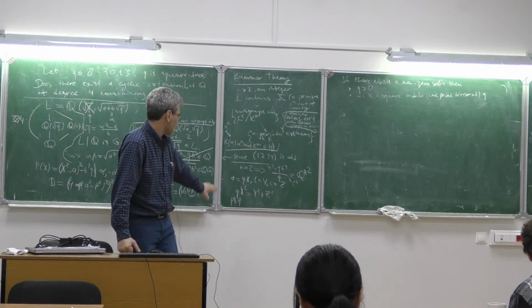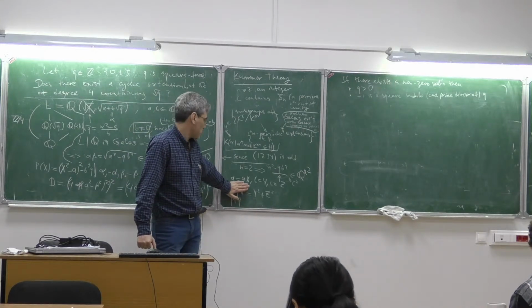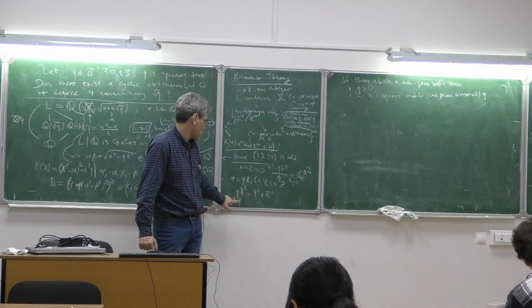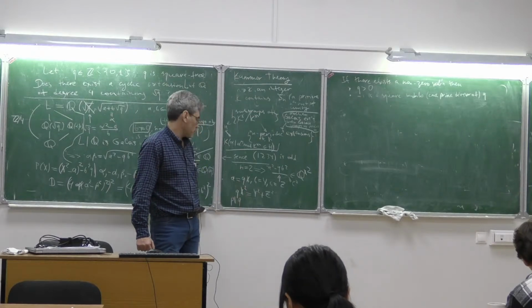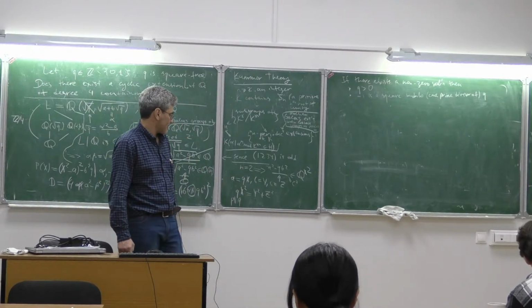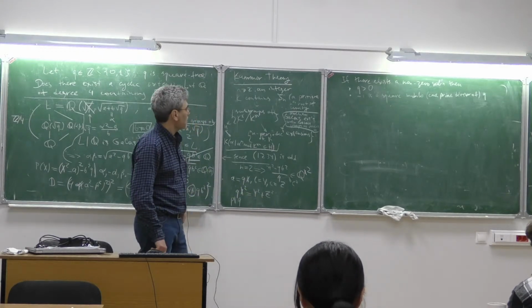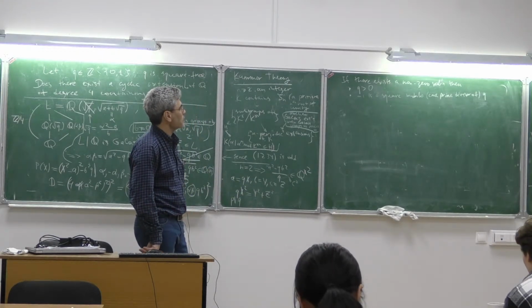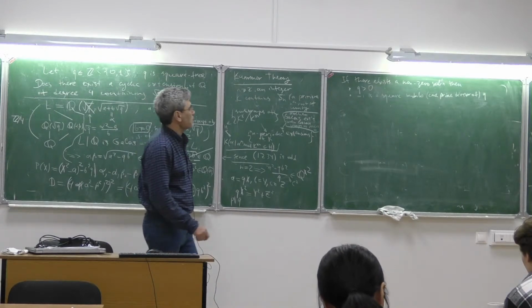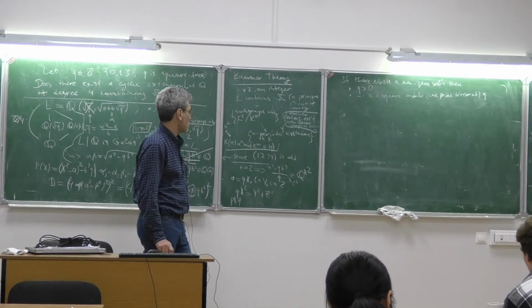And then the sum of the squares is divisible by q. Yes, it is 0 modulo q, and therefore minus 1 is a square modulo q.